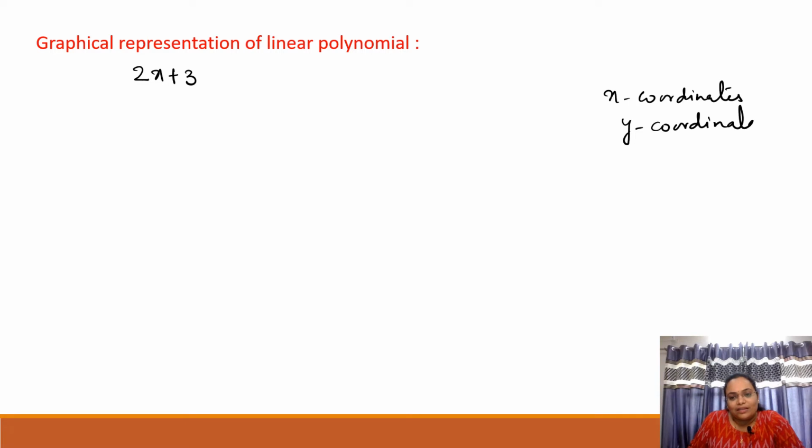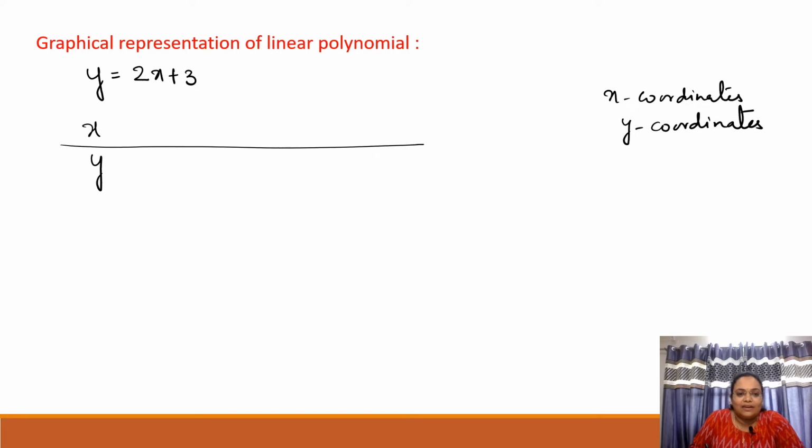So we will take 2x plus 3 as y is equal to 2x plus 3.